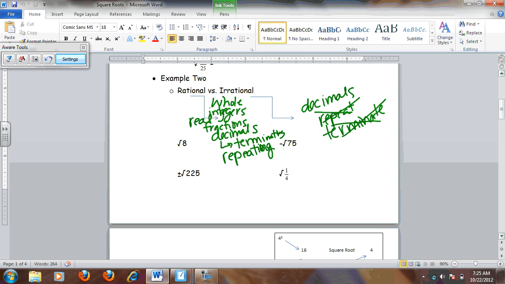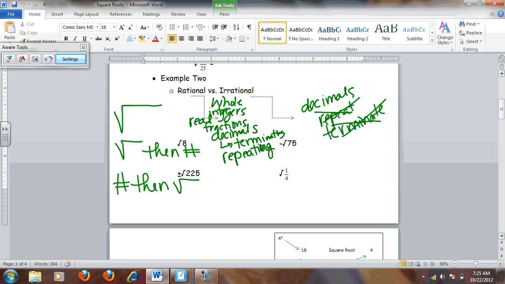On your calculator, you are going to have a symbol that looks like this. When we do use our calculator, depending on what type of calculator you have, you're either going to hit the radical symbol first and then the number, or you will type in the number, then the radical.